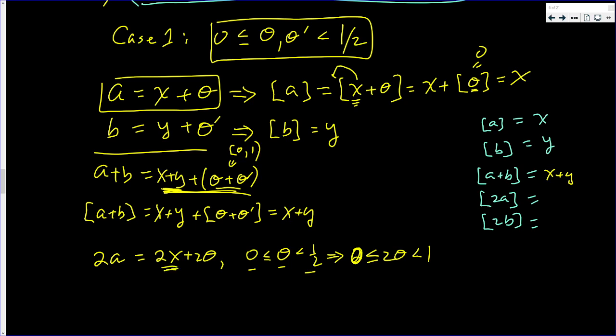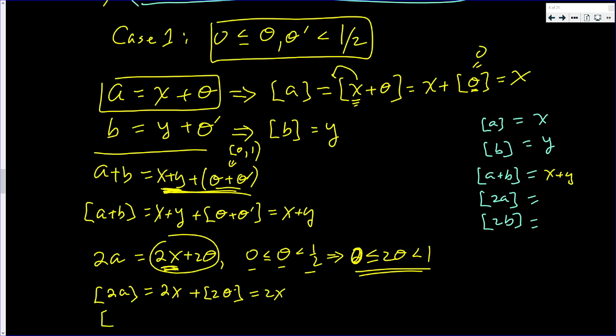And twice an integer is an integer. So the integer part of 2a is the integer part of that. But since 2x is an integer, you get 2x plus the integer part of 2 theta. But that's 0, because theta is positive and less than 1. So this is 2x. And the b and the y, they're symmetrical.